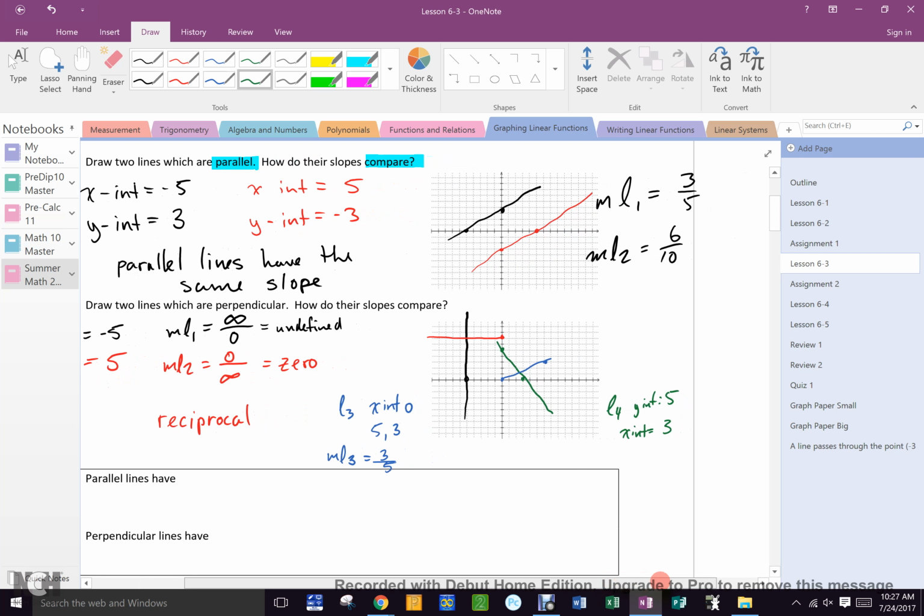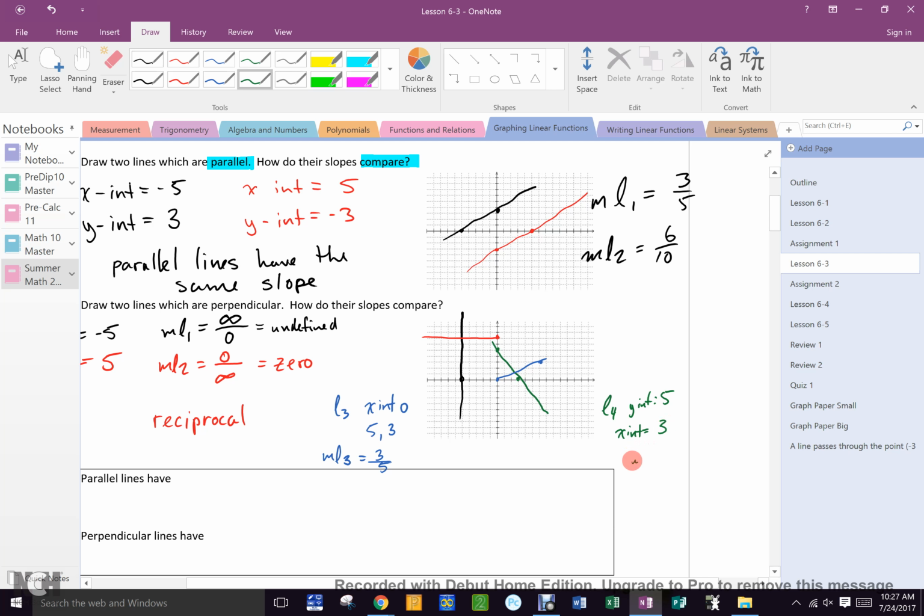What is that guy's slope? How do I get from there to there? 5 down, so that's negative 5 over 3. Is everybody cool with that? Yeah?